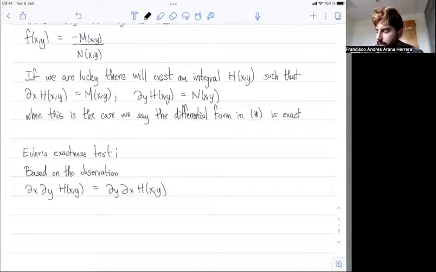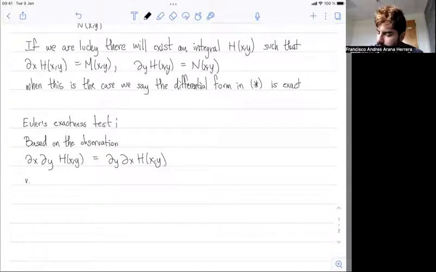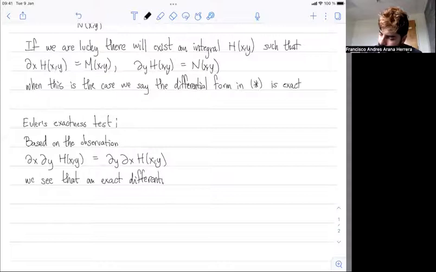So we see that because an exact differential form has the structure up here, then an exact differential form must satisfy the following.